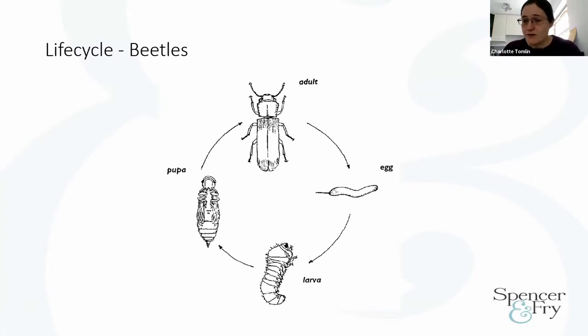So if the conditions are favourable, you can have more than one generation of beetles in any one year. So it's important to remember that, and when to look out for this last stage, because that's when you'll see the beetles, and that's when you'll know there's a problem if you haven't noticed the damage.